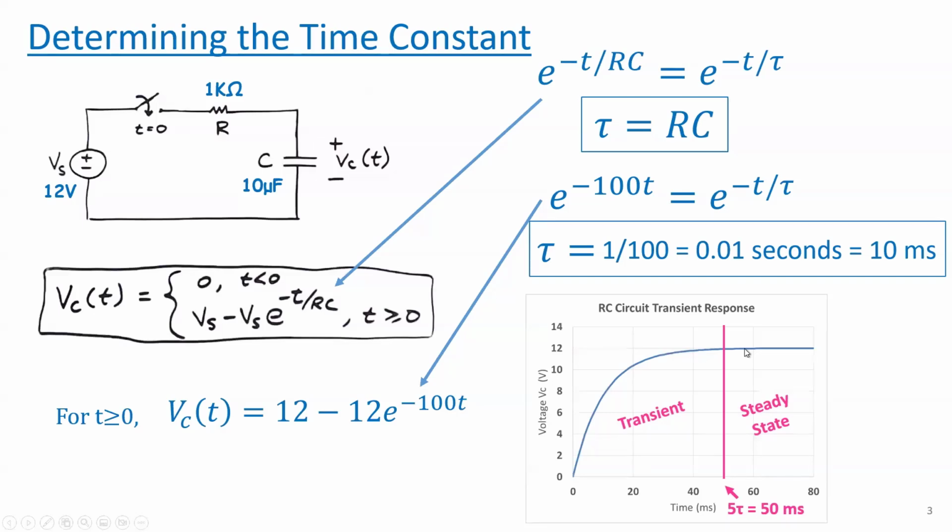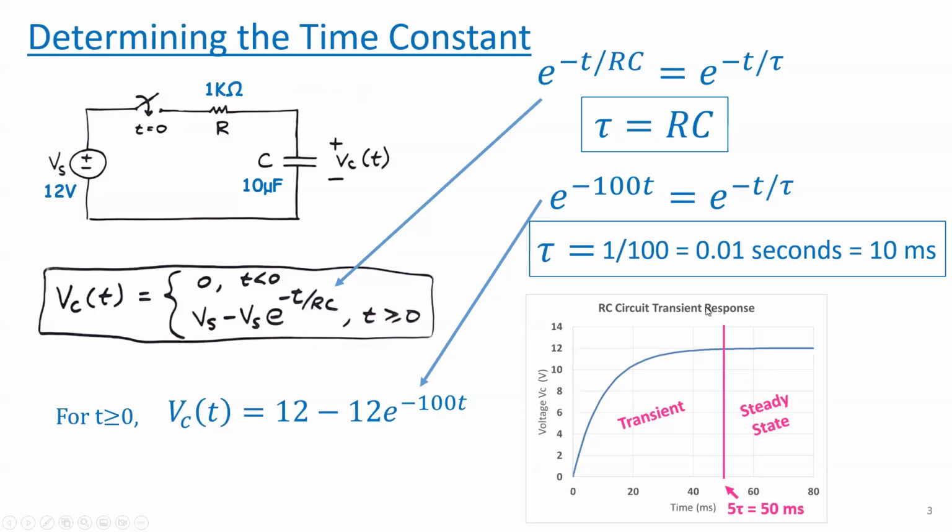Okay. All right, so that's how you can use the equation. You can look at an equation that you've derived and determine the time constant. How about determining, if you have a circuit, just the steady state values?